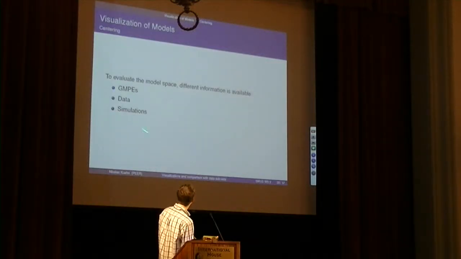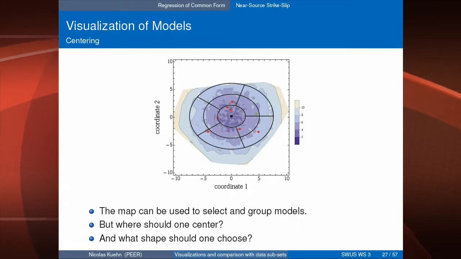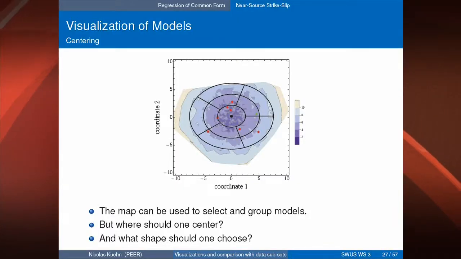Okay, so basically, it seems to me that also we should look at the range, the amount of variation within a given cell, and maybe that should be something that is equivalent among all the subregions. In other words, the larger cells might have more differences in the GMPEs that are contained in those.